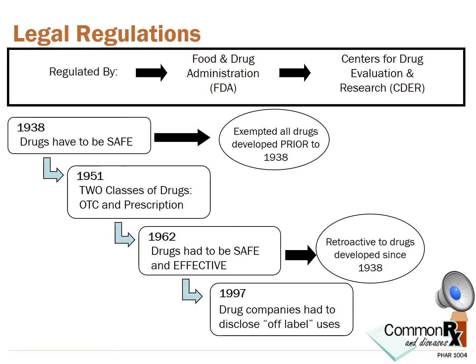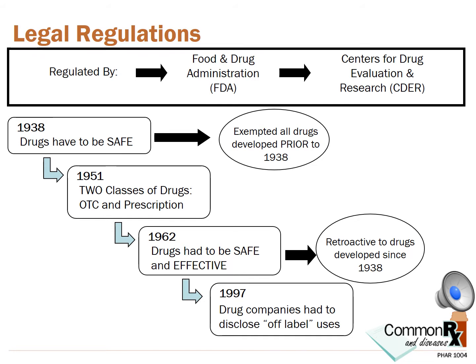In 1962, a law was passed stating that drugs had to be both safe and effective. This meant that drugs must be proven effective for the disease which they were intended to treat. So, if a medication is indicated for migraine headaches, it has to be proven to be safe and also effectively treat migraine headaches.